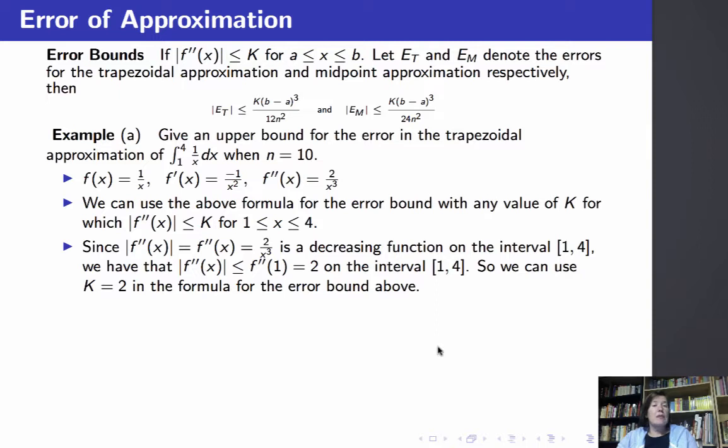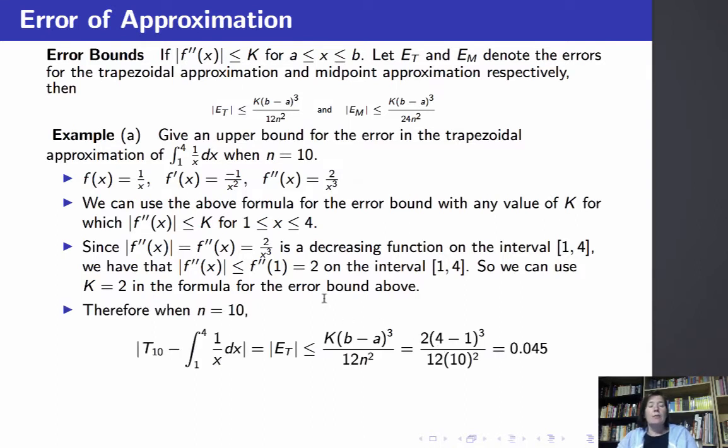So I can use that as an upper bound for f double prime of x for any x in this interval. In other words, 2 over x cubed for any x between 1 and 4 is less than or equal to 2 over 1 cubed, which is 2. So we can use k equals 2 in our formula.